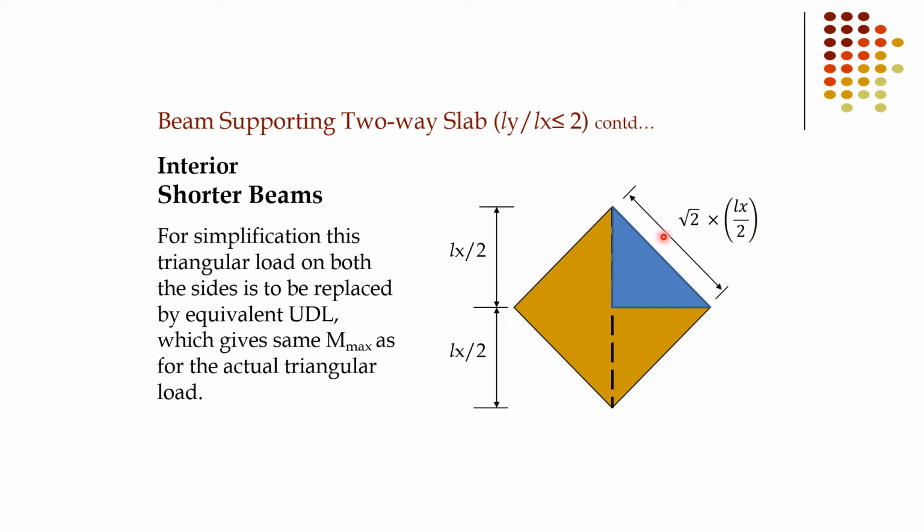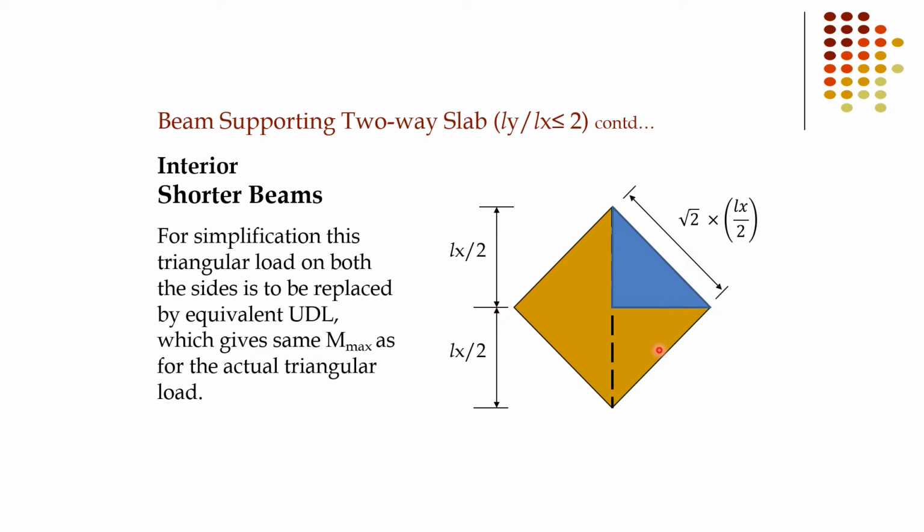Okay, so if this dimension is under root 2 into lx by 2, then you can multiply this length with this length, you will get the area of this rectangular portion. Okay, this square portion formed by these two triangles.